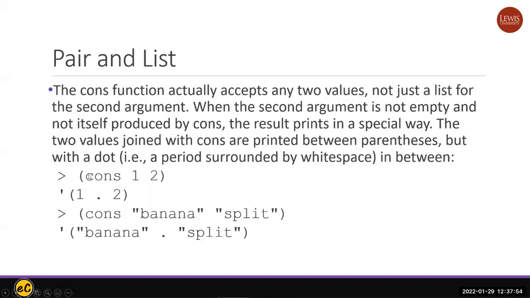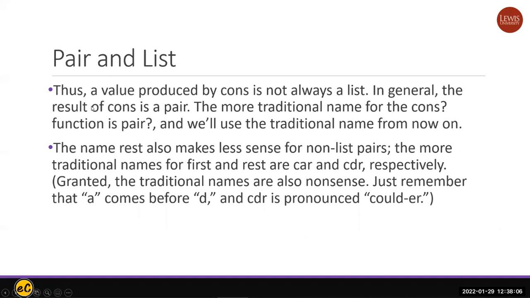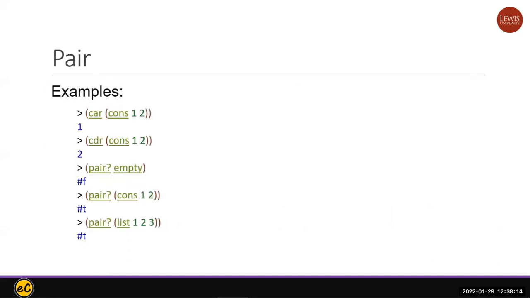So pair and list. If you construct two numbers, you become a pair. If you construct two strings, that would be a pair of strings. This is different from this. It's actually called pairs. Pairs is like a map, like a dictionary or map. So you can construct this one and you car it, you get the first element.